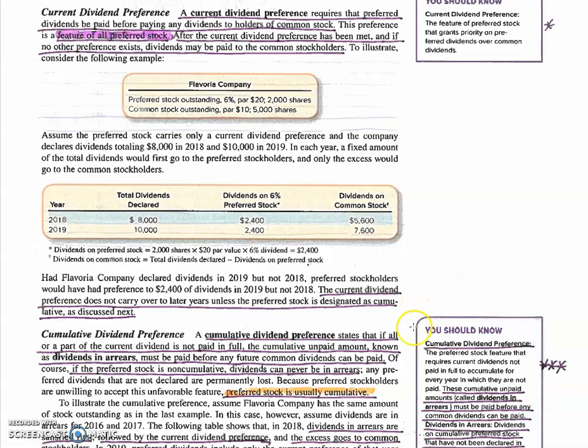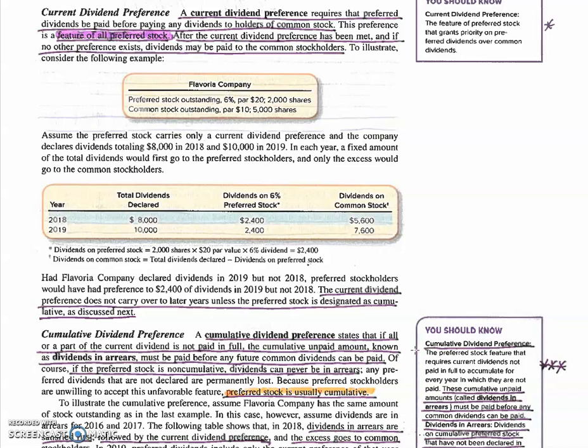Cumulative preferred means that if you do not pay a dividend on preferred stock in the current year, then next year that dividend carries forward. And so if you don't pay any dividends in one given year and you have cumulative preferred, then the preferred stockholders, let's say in 2019 you paid no dividends, so preferred didn't get their dividends.